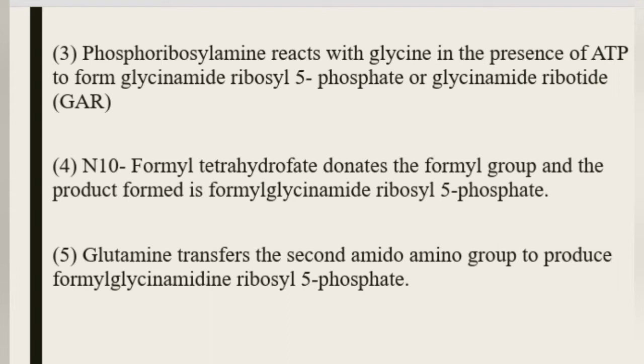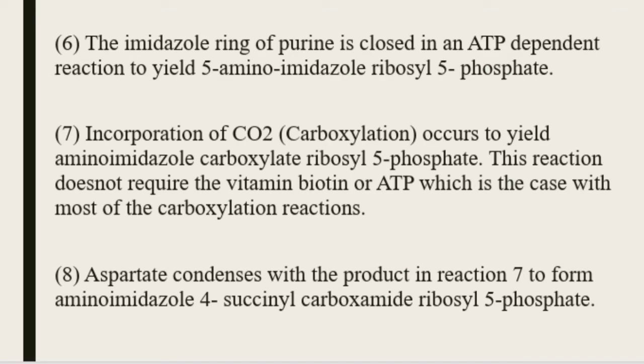The fifth step is that glutamine transfers the second amino group to produce formyl glycinamidine ribosyl 5-phosphate. And the sixth step is that the imidazole ring of purine is closed in an ATP dependent reaction to yield 5-aminoimidazole ribosyl 5-phosphate.